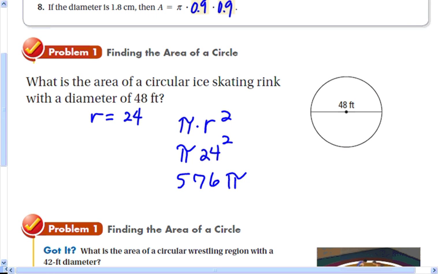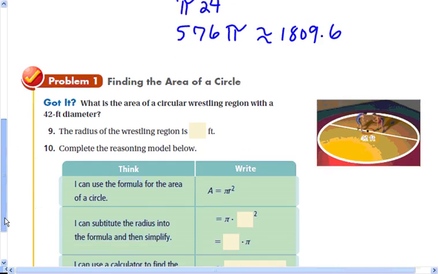If we wanted it in terms of pi, we would leave it like that. If we wanted to round to the nearest tenth, then we would say about 1,809.6. All right, so go ahead, you try that.